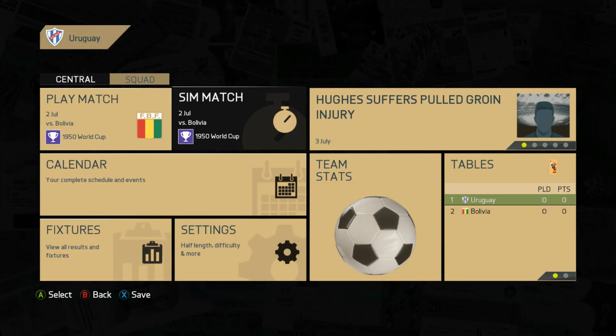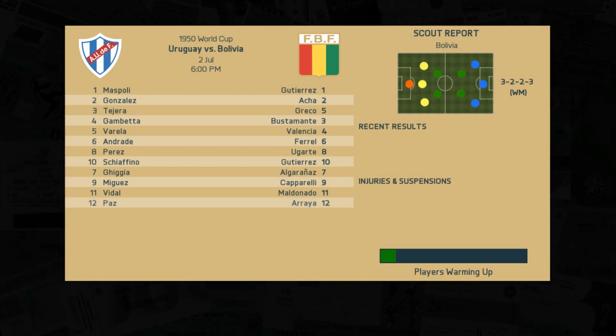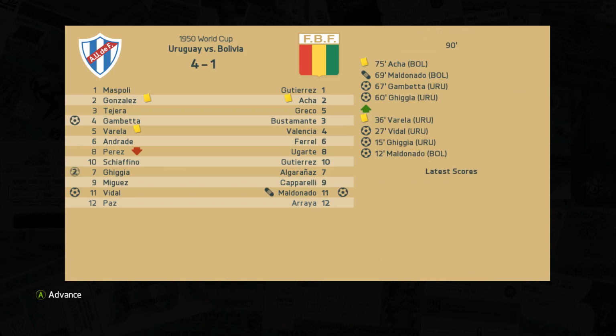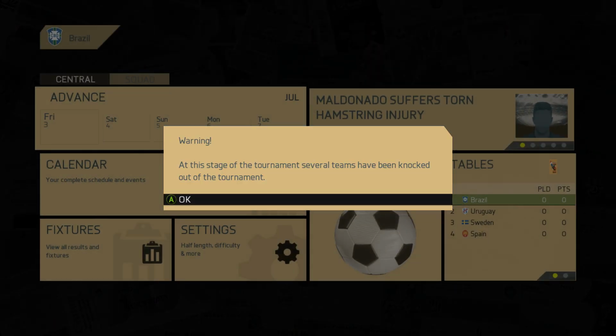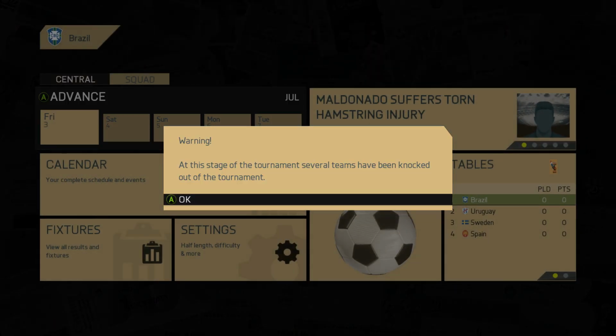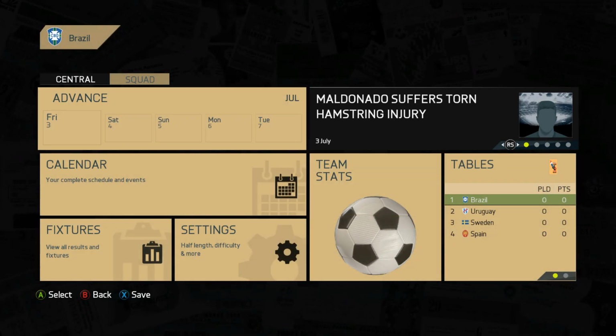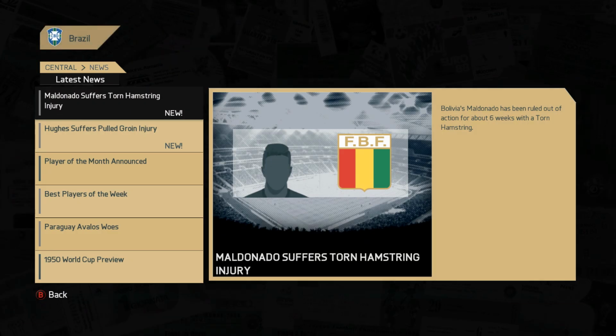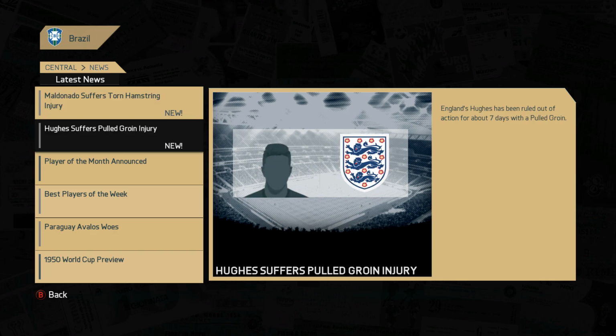There's one more fixture to play there. Uruguay against Bolivia. 4-1 to Uruguay. At this stage of the tournament, several teams have now been knocked out. And also Bolivia's Maldonado has been ruled out 6 weeks with a torn hamstring.